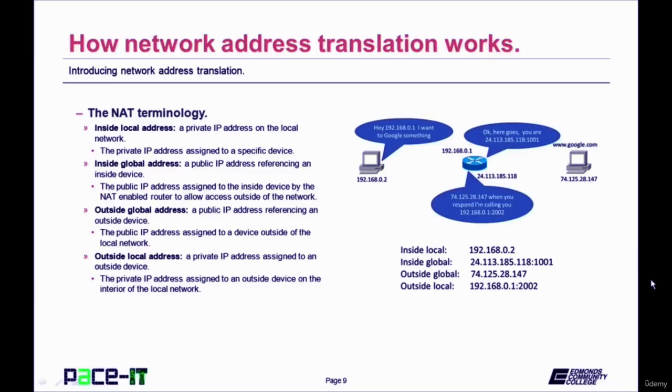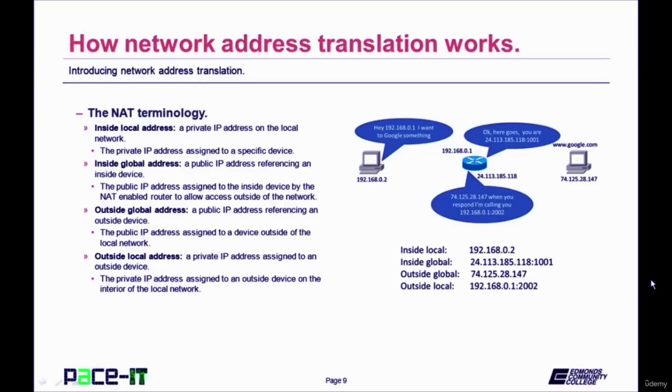Then there's the inside global address, a public address referencing an inside device. The inside global address is the public IP address assigned to the inside device by the NAT-enabled router, allowing access outside of the network. Then there's the outside global address, which is a public IP address referencing an outside device.